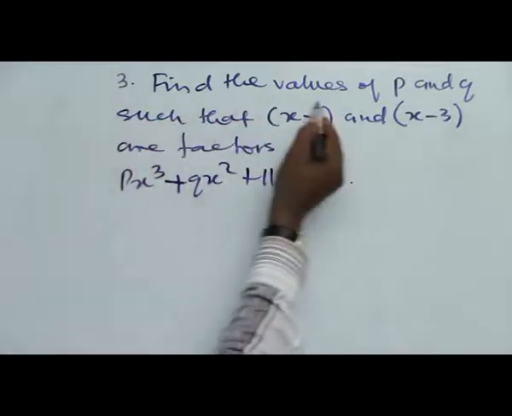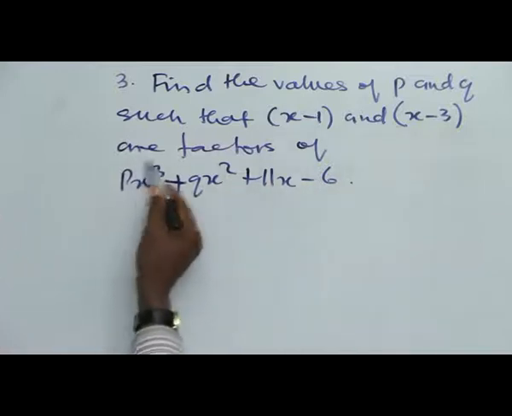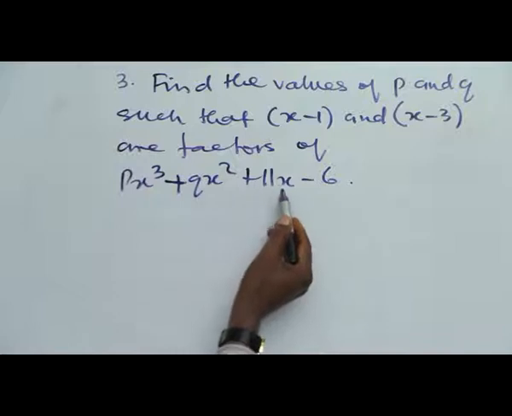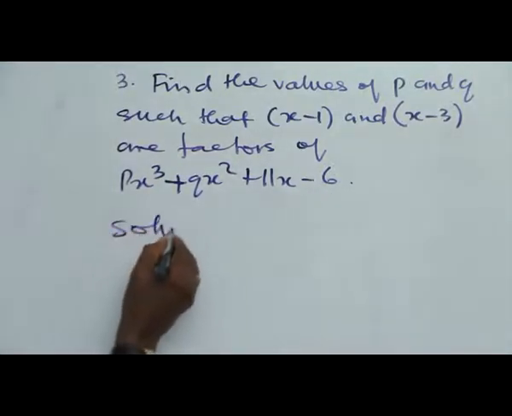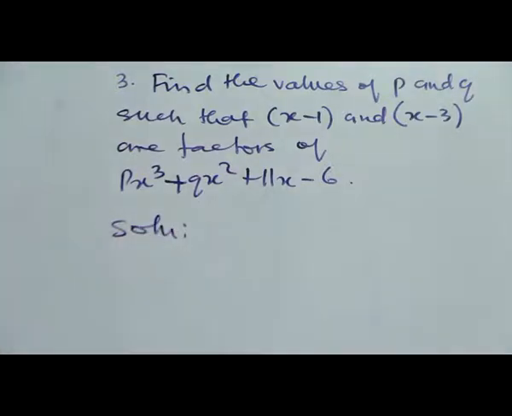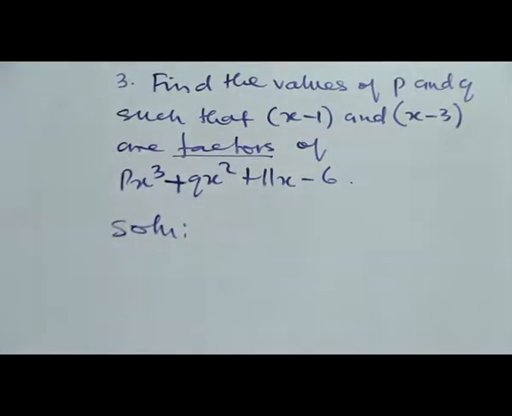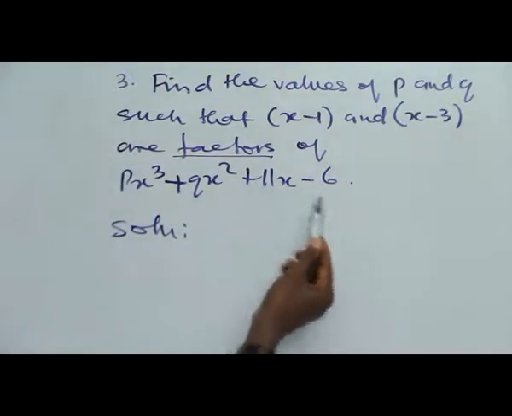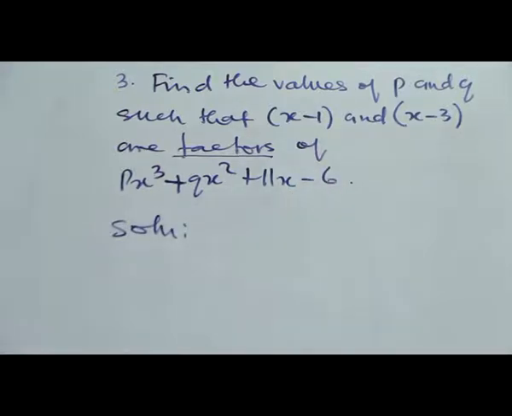Number 3. Find the values of p and q such that s minus 1 and s minus 3 are factors of ps cubed plus qs squared plus 11s minus 6. Solution. By the use of the word factors, it means that they can divide this without a remainder. In other words, the remainder is equal to 0 when s minus 1 and s minus 3 divide this expression.